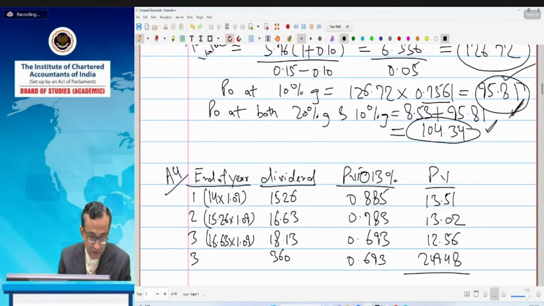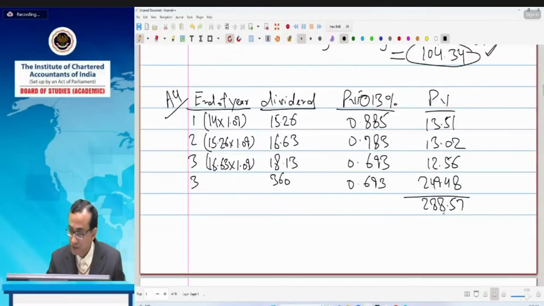Let us add all these figures. It is coming to 288.57. Now it is visible to you, I think, 288.57.